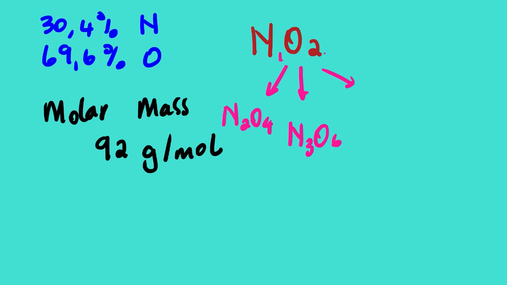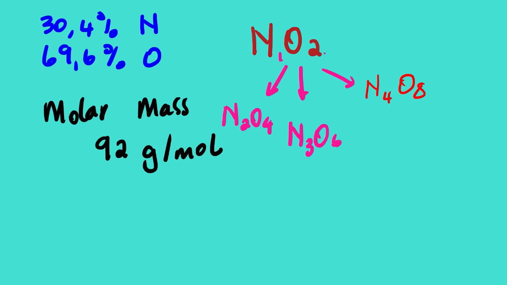It doesn't matter whether these types of compounds exist, but what I'm trying to say is that an empirical formula can have many molecular formulas. Or we can have N4O8.